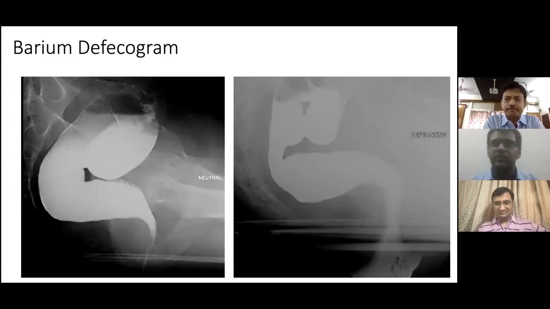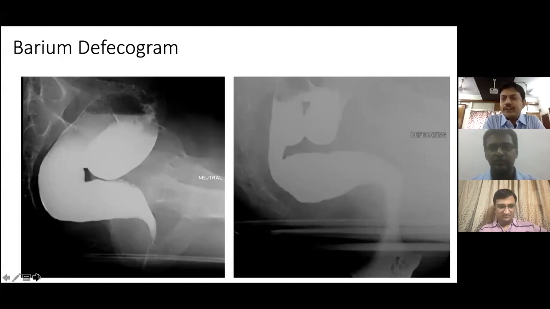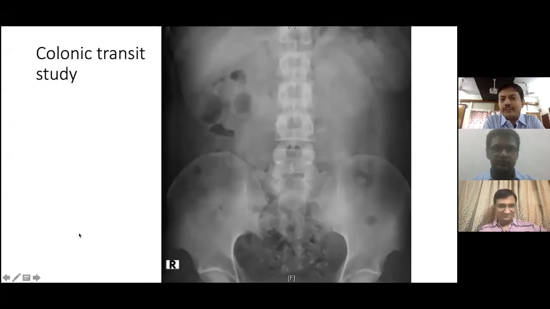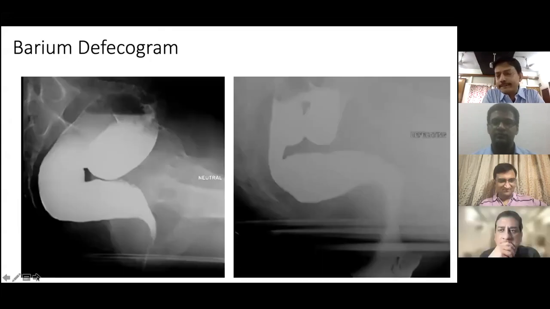The only thing was that in history he did not have an urge to defecate, and on examination he had this sphincter relaxation. So to confirm, I can do a colonic transit study to see if there is slow transit constipation. Dr. Govind or Dr. Rathi, any comments on this? What John is saying, the role of a transit study in this patient?